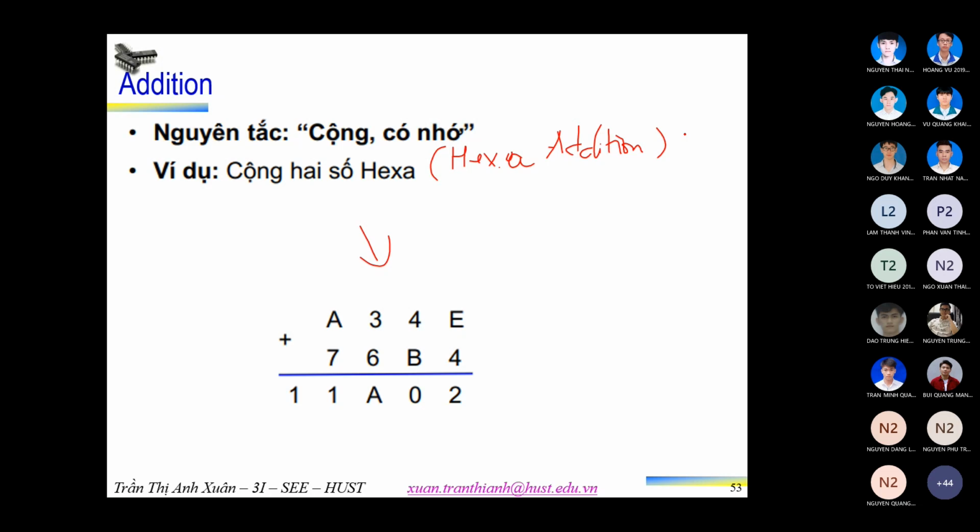So you must perform this example in hexadecimal, not binary. Do you understand? Yes. If you use this method in your examination, this exercise may get zero points. Do you understand? Yes.